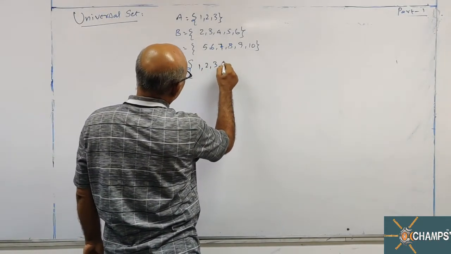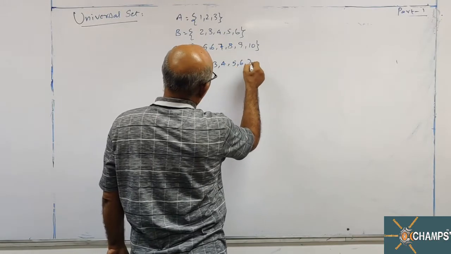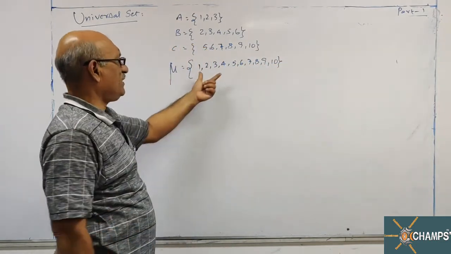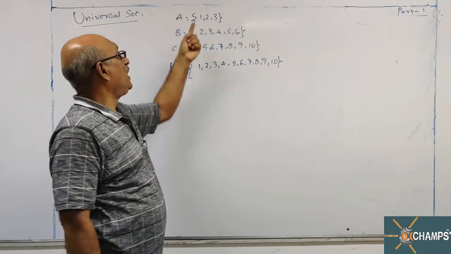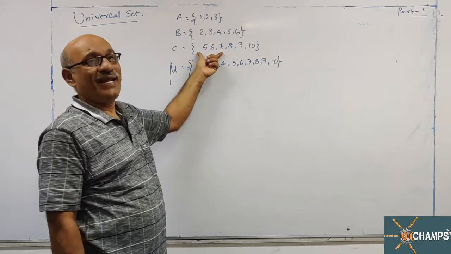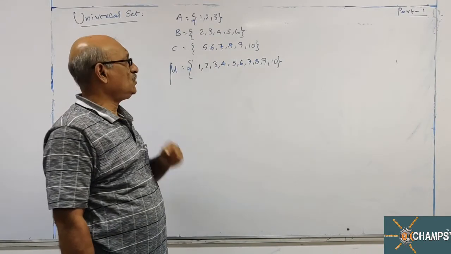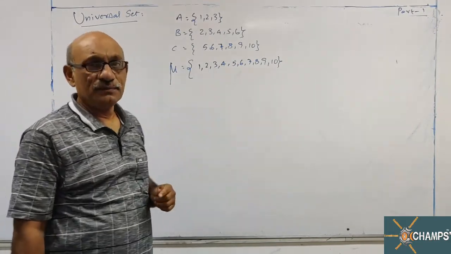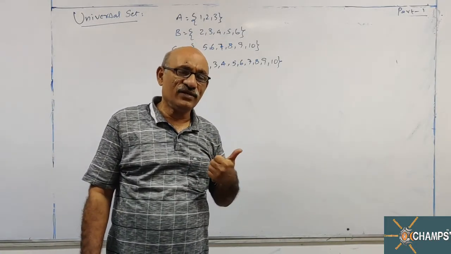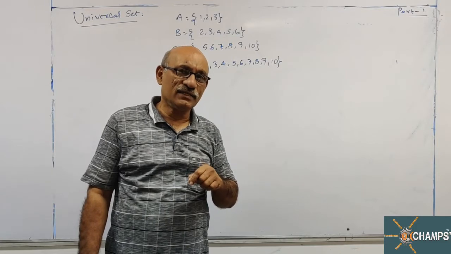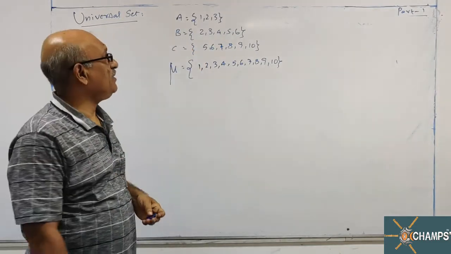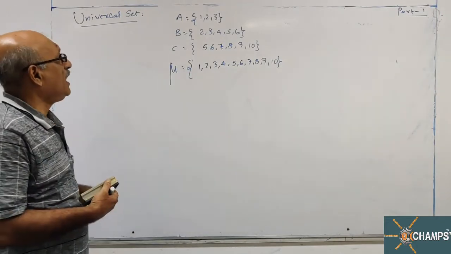It means 1, 2, 3, 4, 5, 6, 7, 8, 9, 10. Here look at this universal set. This set contains the elements of set A, the elements of set B, and the elements of set C. So a universal set is a set which contains all the elements of the given sets in the given context. It is called a universal set. Is it clear? Let me repeat this point once again.